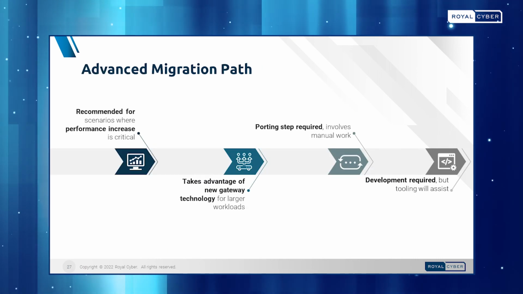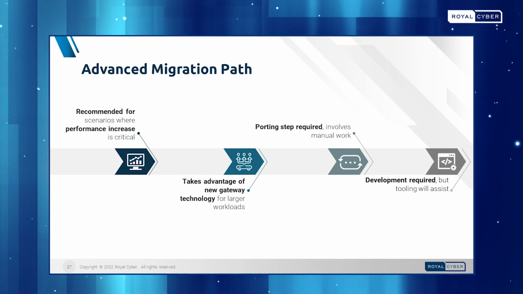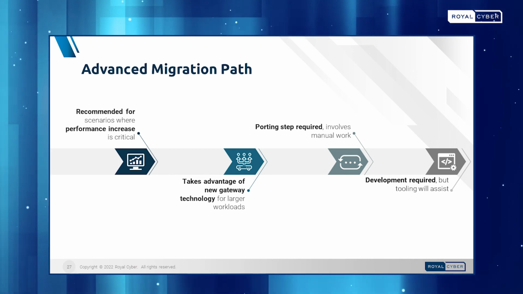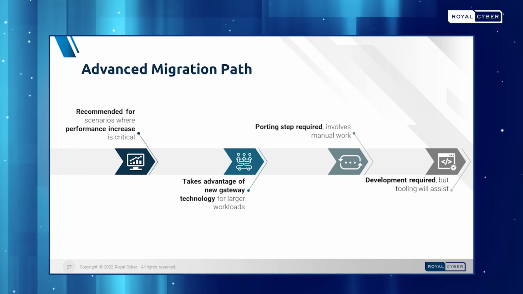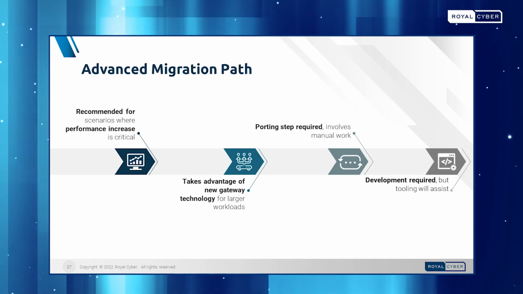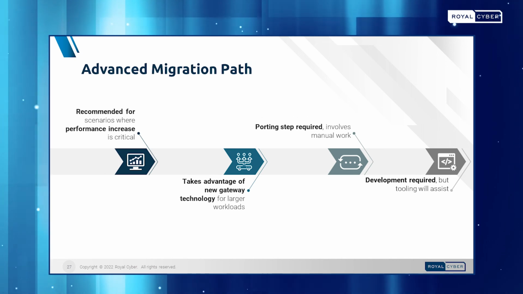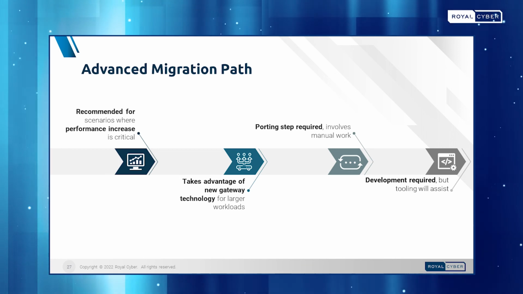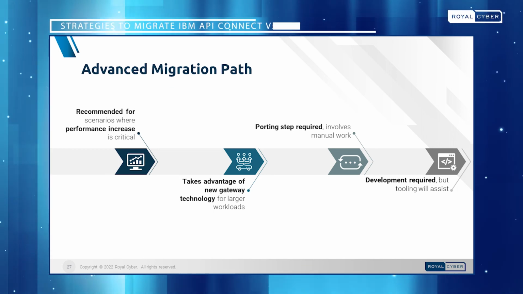Now there are certain scenarios where you want to increase performance, or you want to take advantage of the new gateway features. That requires that you change your gateway artifacts from V5 compatible to V10.